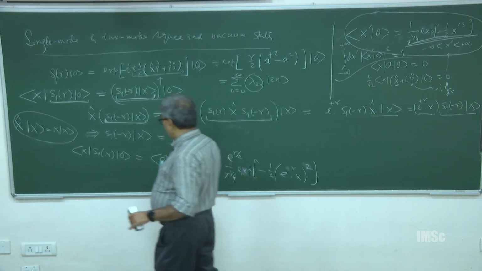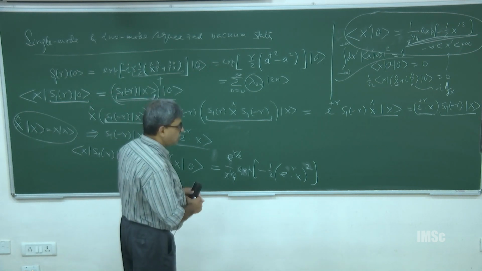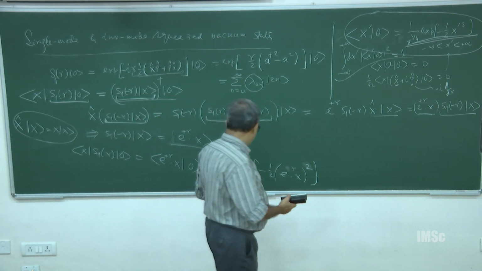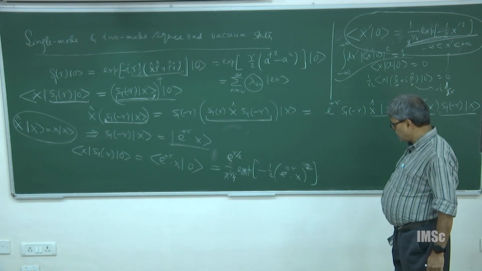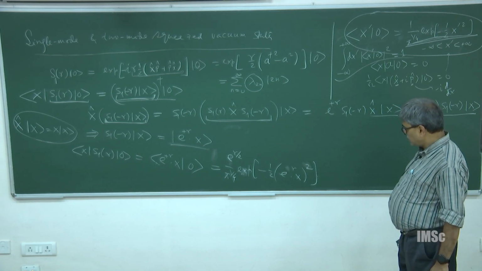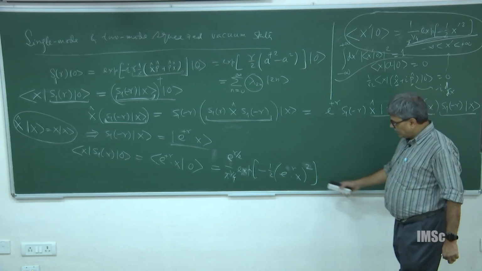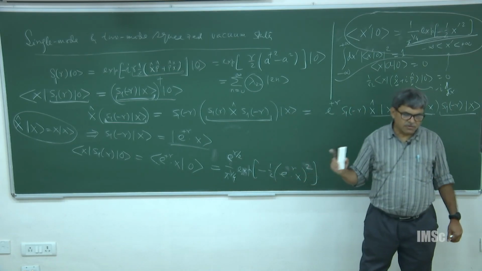Good. But there are two factors. One is e to the power r by 2, and one is the exponential, the leading exponential, so that will dominate. No, I mean this Gaussian, you can figure out what the width is, basically the standard deviation.